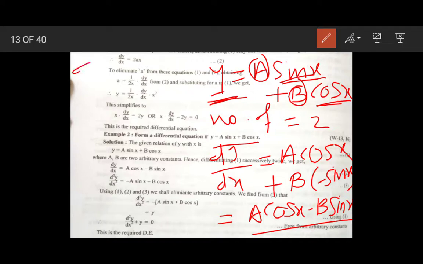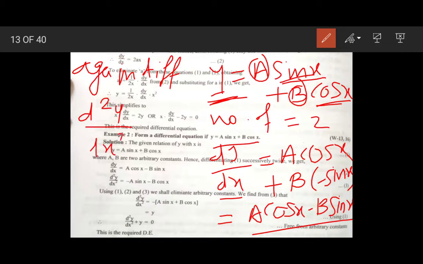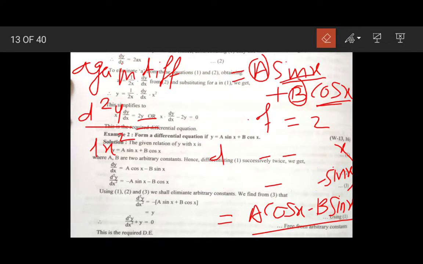Now again I will differentiate this. So again differentiating with respect to x. So the derivative of this dy upon dx is d2y upon dx square, and that will be equal to, let me clear this side.